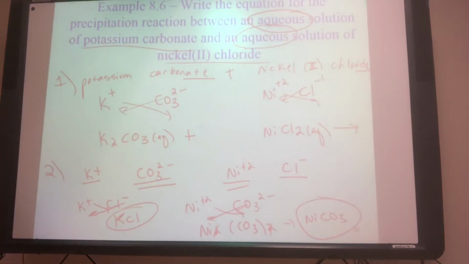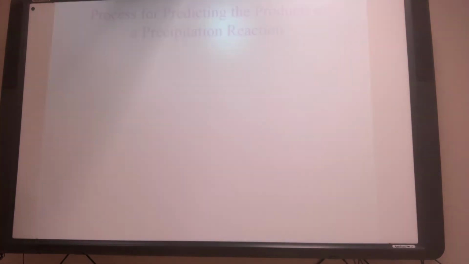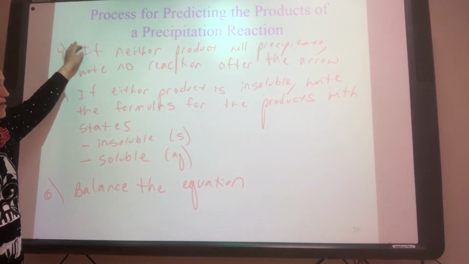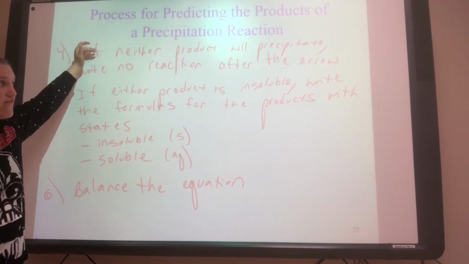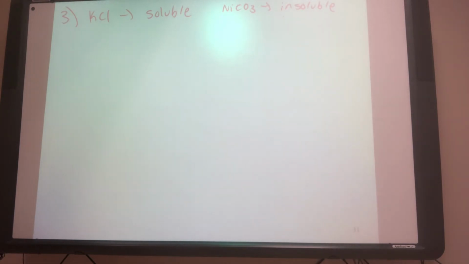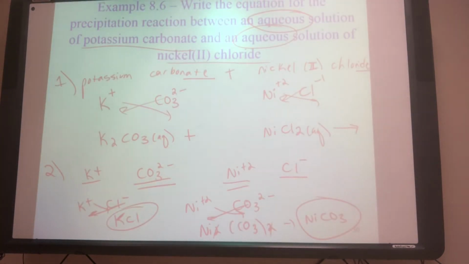So let's go back. This was step 3. Step 3 said that the KCl was soluble and the NiCO3 was insoluble. So what that means is, do I do step 4? Step 4 said if you don't have a precipitate, that means if both of your products are soluble, what you would do is write your K2CO3 plus the NiCl2.